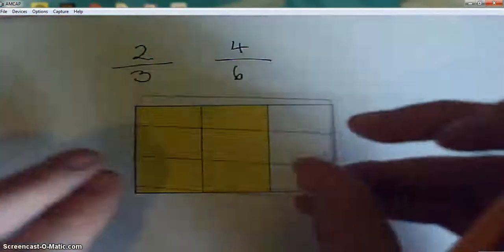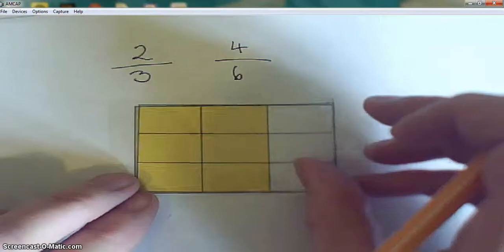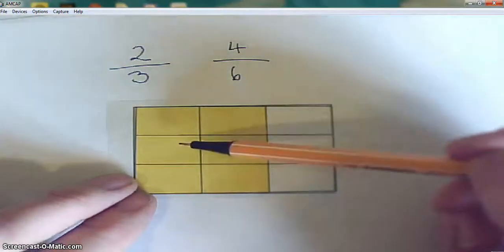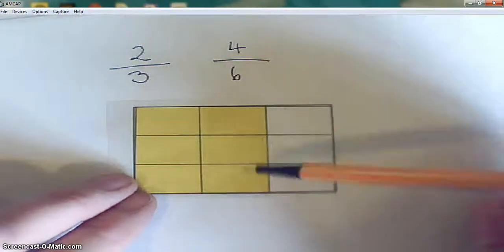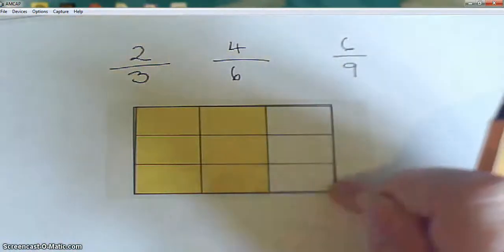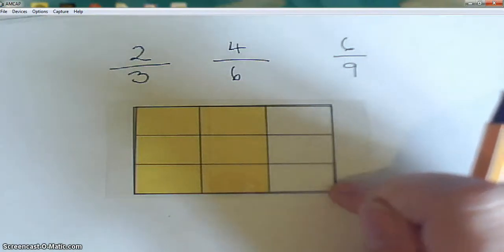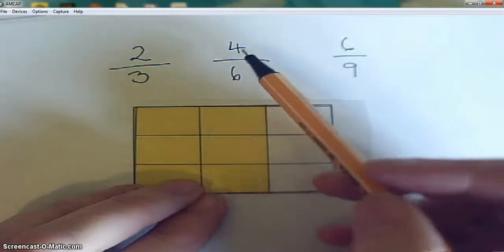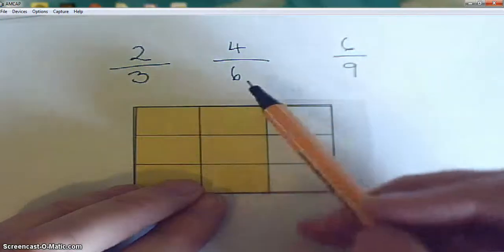Sorry about my arm. Okay, also the 3s. 1, 2, 3, 4, 5, 6 out of the 9. Okay, and that's where you have got your equivalent fractions. But here we've got 2, 4, 6, 3, 6, 9.